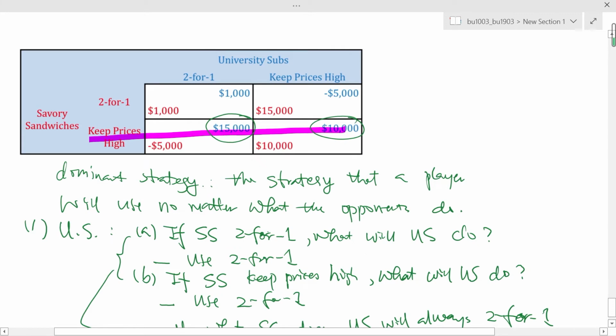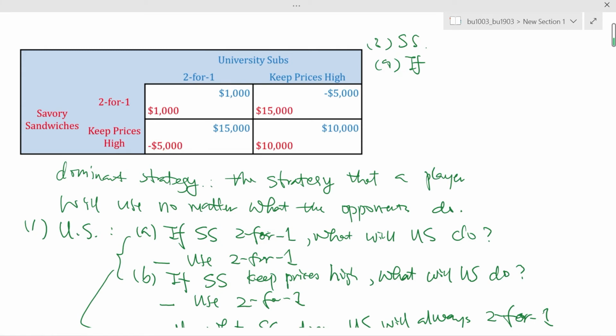Let's look at Savory Sandwiches. We do it similarly, asking two questions. If University Subs use the two-for-one action, what will Savory Sandwiches do?